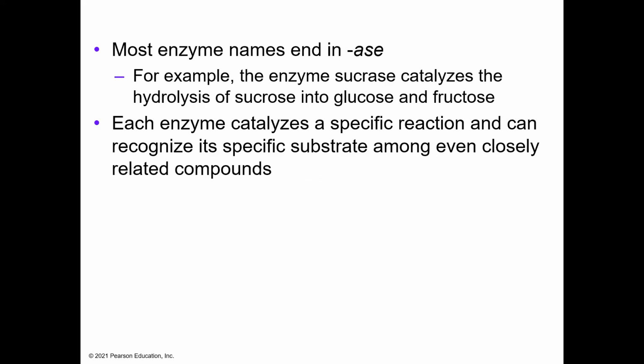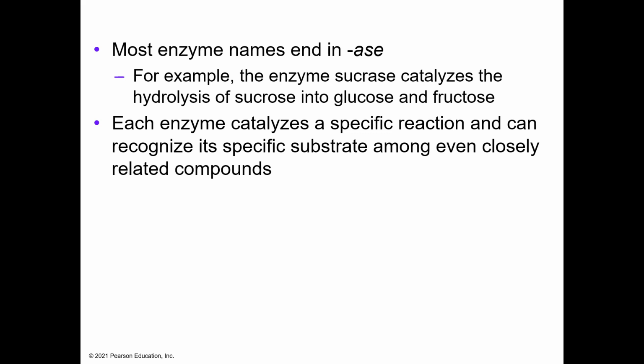Most enzymes end in the letters ASE. So if you see something that ends in ASE, it's generally an enzyme. For example, the enzyme sucrase catalyzes the breakdown of sucrose into glucose and fructose. Sucrase will only bind to sucrose and it will only break down sucrose into glucose and fructose.